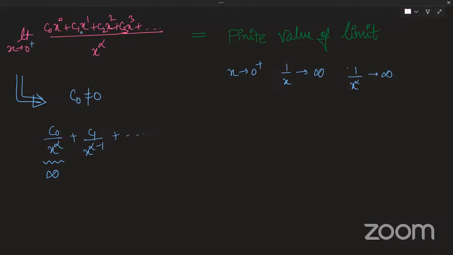If your C naught is not equal to 0, then the value of your limit will tend to infinity. If I want to keep the value of my limit a finite value, any finite value, then obviously my C naught should be 0. Do you all agree? Yes, sir. My C naught should be 0.